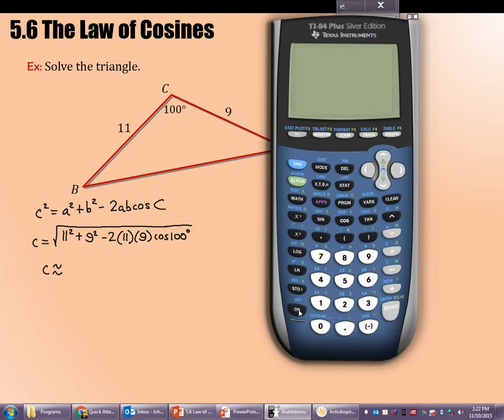Okay, here it comes. All right, how you doing? Did you get 15.4 like I just did? Just verify out there.